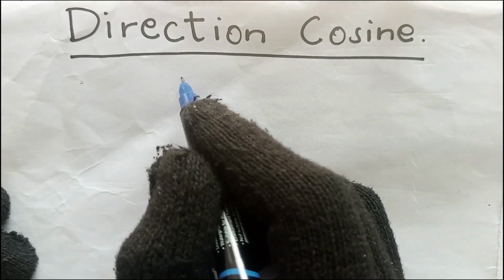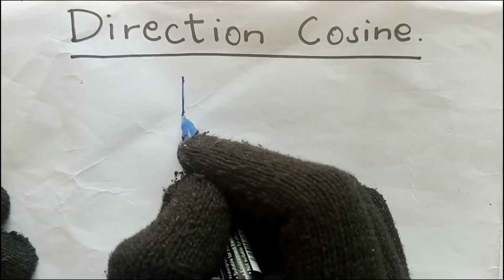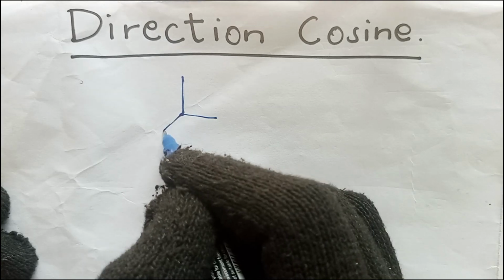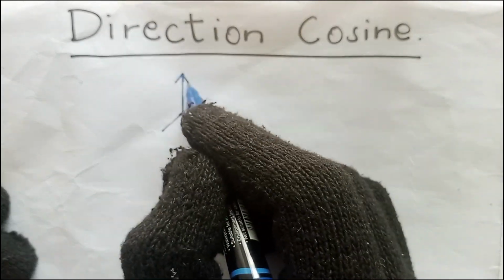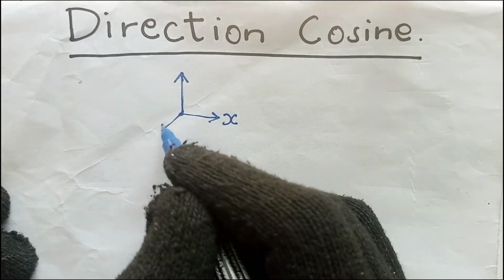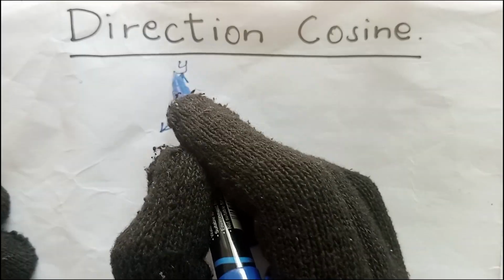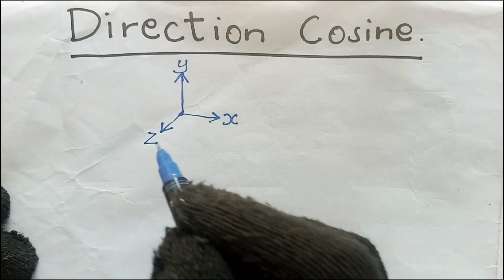Hi and welcome. In today's video, we are going to cover everything you need to know about the direction cosine. Imagine a vector in 3 dimensions. We have the three axes, the x-axis, the y-axis, and the z-axis.